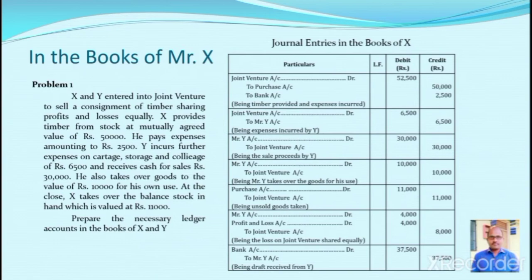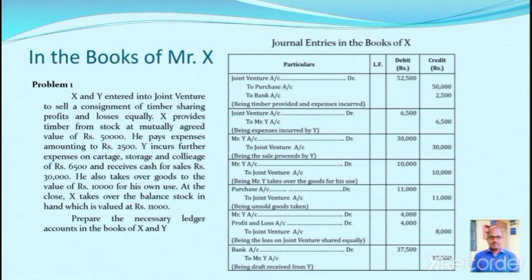See, the first transaction, joint venture account is debited with purchase account and bank account, 50,000 and 2,500.